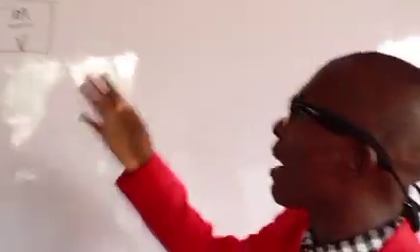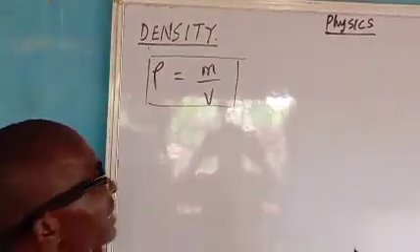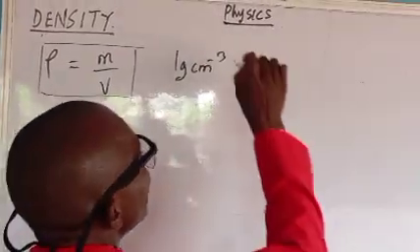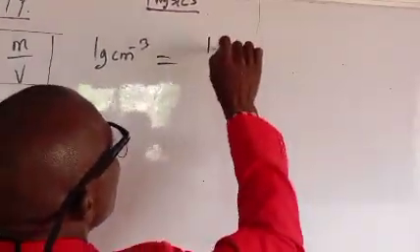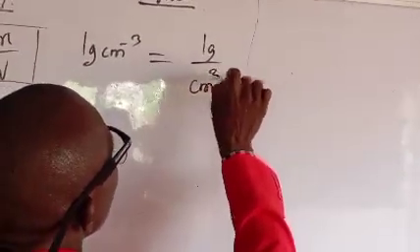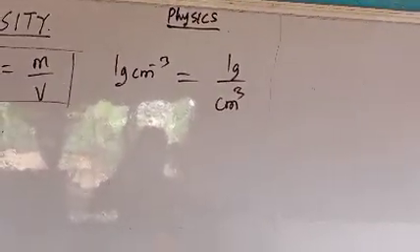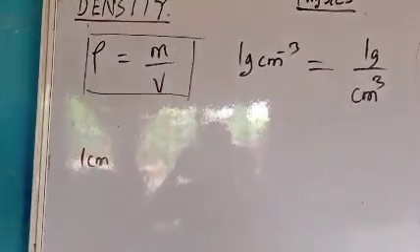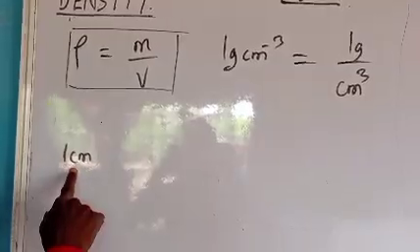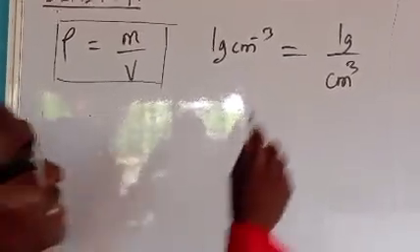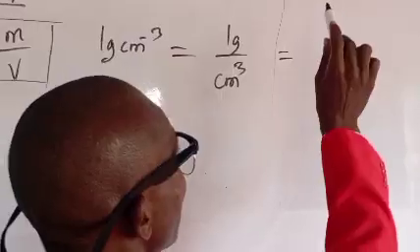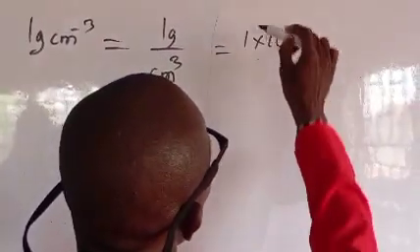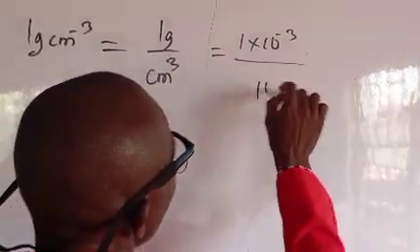Now, like I said, as I was talking about the density, I said that 1 gram per cm cube, take note, is equal to 1 gram per centimeter cube like this. But I want you to know, when we are talking about centimeter cube, like 1 centimeter cube, it becomes what? Look at me. In this case now, 1 gram becomes 1 times 10 raised to power minus 3, divided by 10 raised to power minus 6.